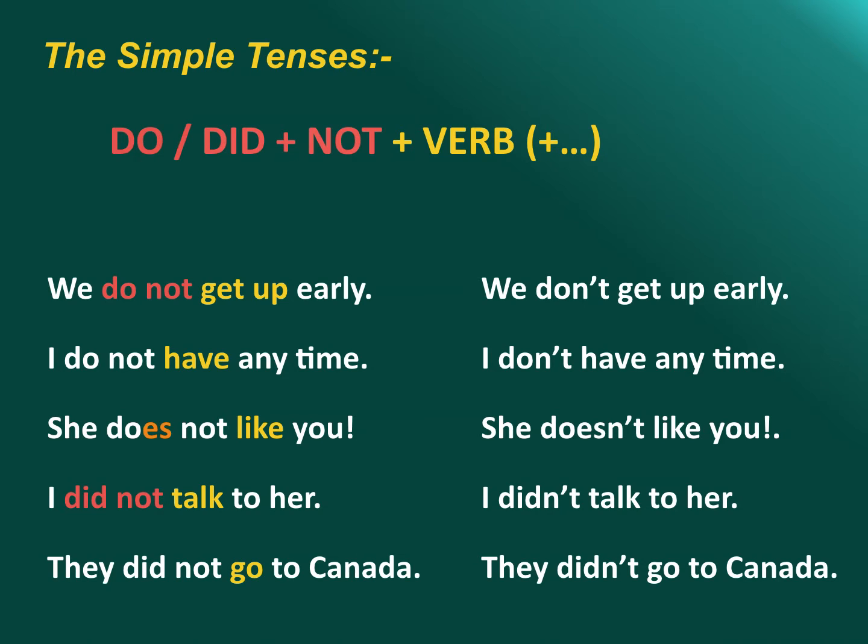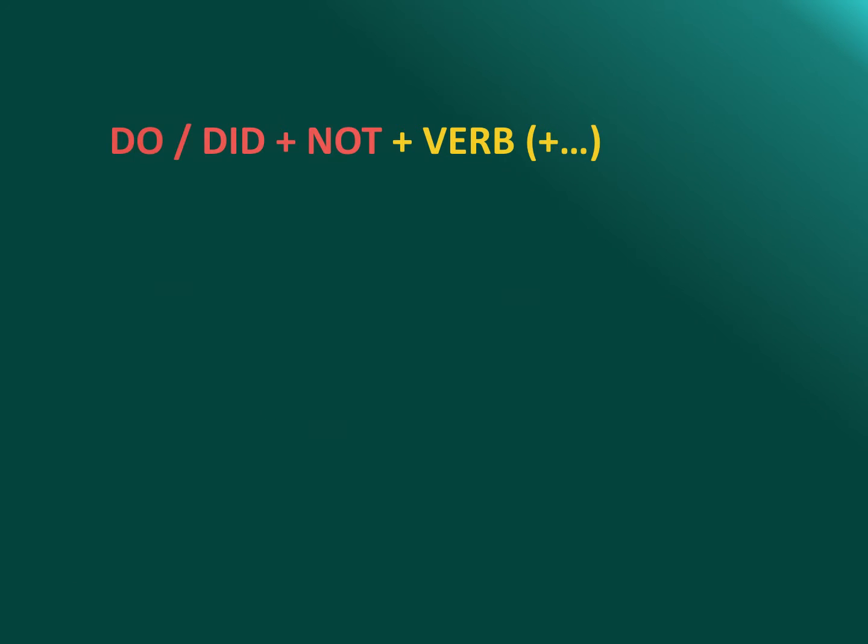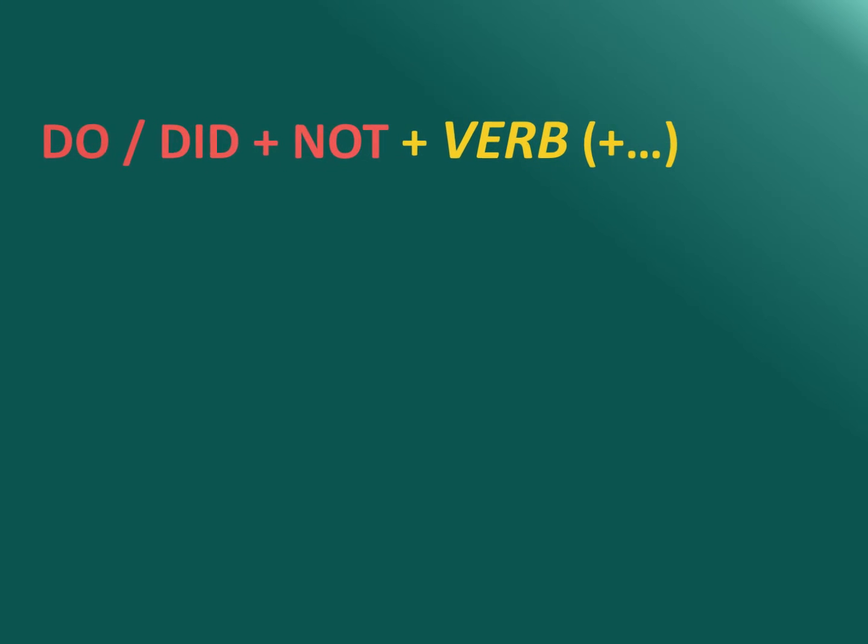Going back to the top example, in the original sentence, there is no helping verb and no be verb, so you need a do helping verb. And in the third example, don't forget the es for he, she, and it. One more point about this pattern. Do plus not plus verb.